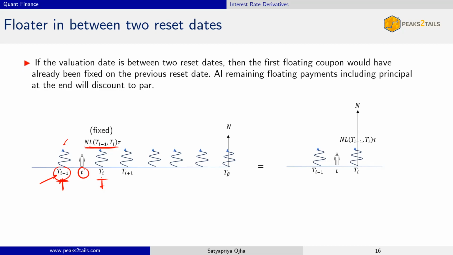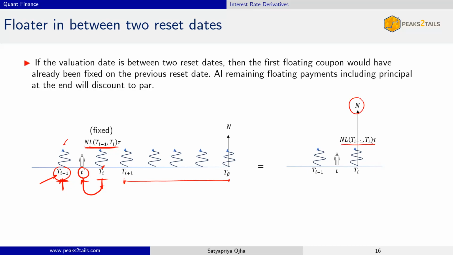To value this standalone coupon payment, I'll just need to discount it here. That's all. What about the rest of the payments? So this is a separate treatment, okay? I know that if at this point, which is a reset date, from here to here, this entire thing will be converted to N. Look at this picture.